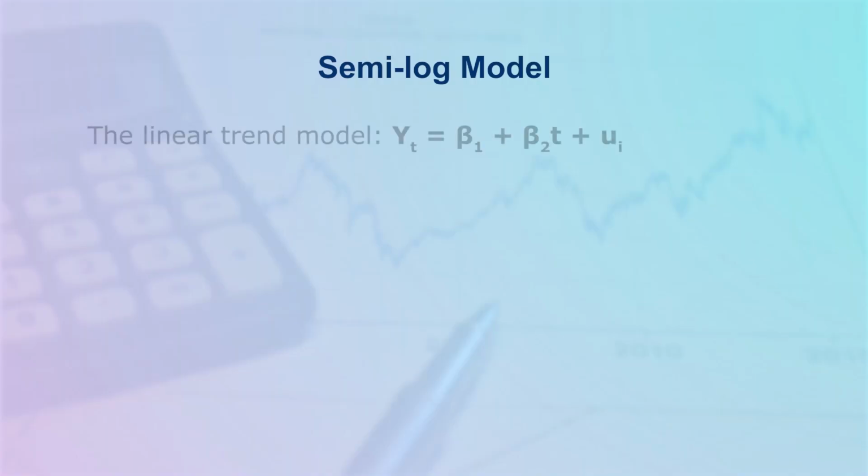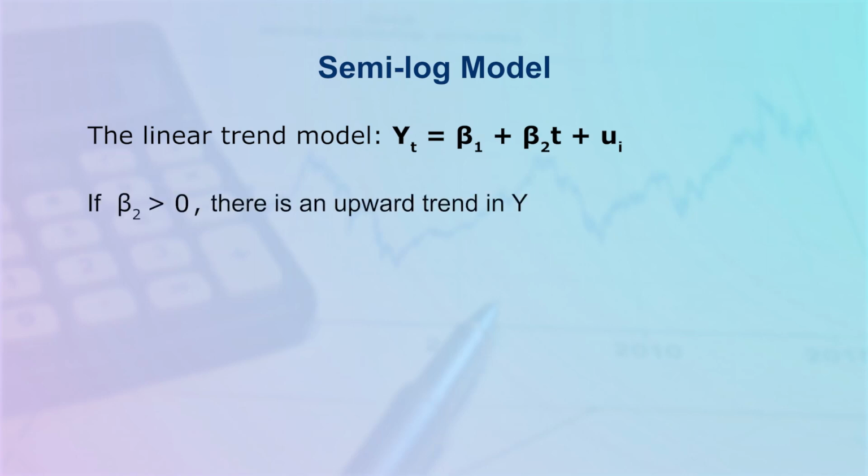Now if we refer to this semi-log model and we want to interpret the direction of the relationship, depending upon the sign of the slope coefficient, which is beta 2, we can see whether y is having an upward or rising trend, or y is having a downward or declining trend, depending upon whether beta 2 is positive or negative.